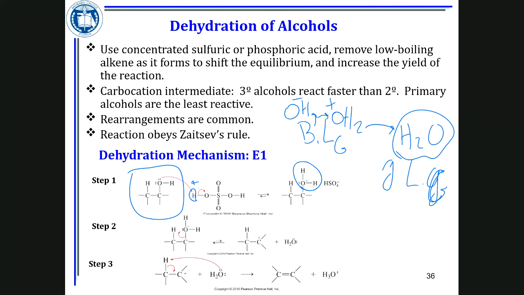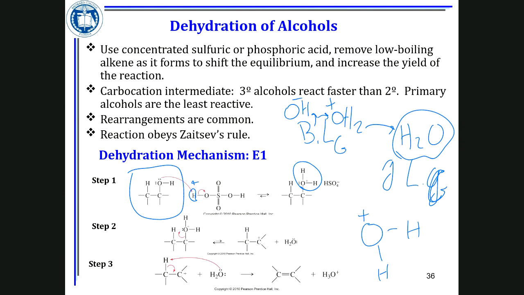What do you remember from OH2 plus, when oxygen is forced to carry the plus charge? This is the case here. It makes the molecule very unstable because oxygen is highly electronegative and doesn't want to have that plus charge on it. What is the solution?